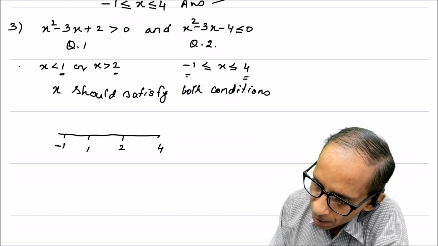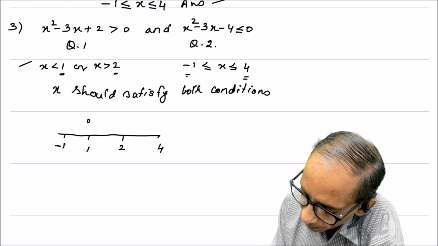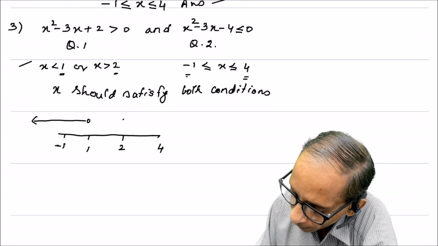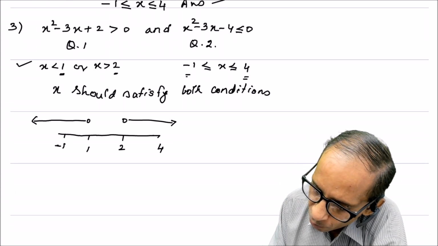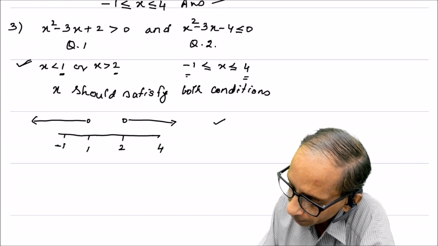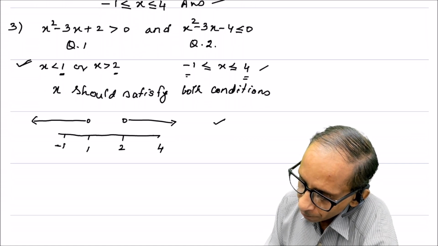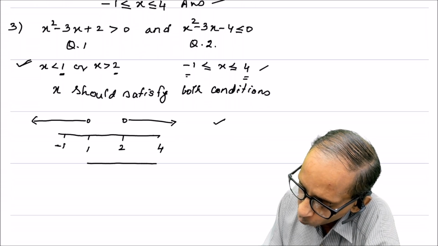Now, this one suggests that x should be less than 1 or x should be greater than 2. This solution, we are actually marking it on the top portion of the number line. The second solution that is there before us, we mark it here, minus 1 to 4.